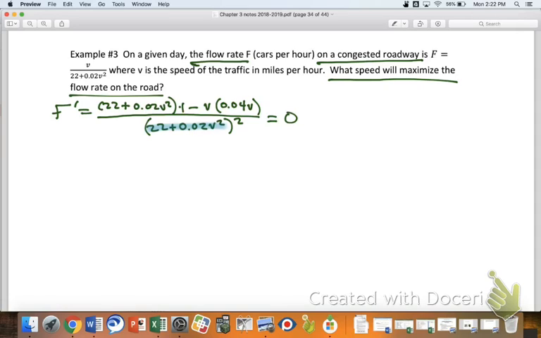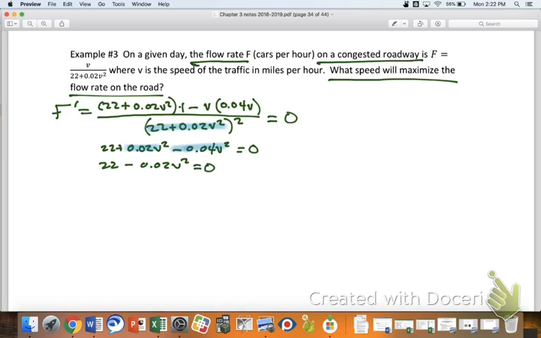So I'm just going to say 22 plus 0.02 v squared minus 0.04 v squared equals 0. I'll just set that numerator equal to 0. This gives me 22 minus 0.02 v squared when I add these two like terms here and here. Wait, what happened to the minus v?